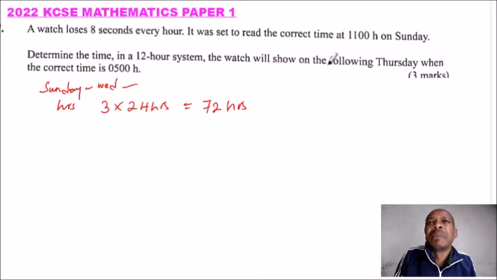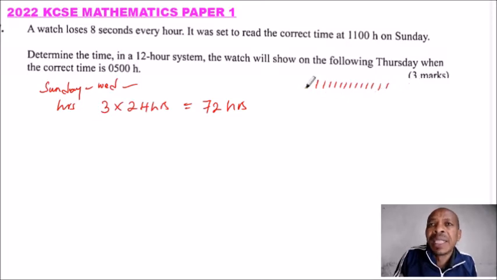So from Wednesday at 11 hours to Thursday at 5, we count 1, 2, 3, 4, 5, 6, 7, 8, 9, 10, 11, 12, up to midnight, then 13.